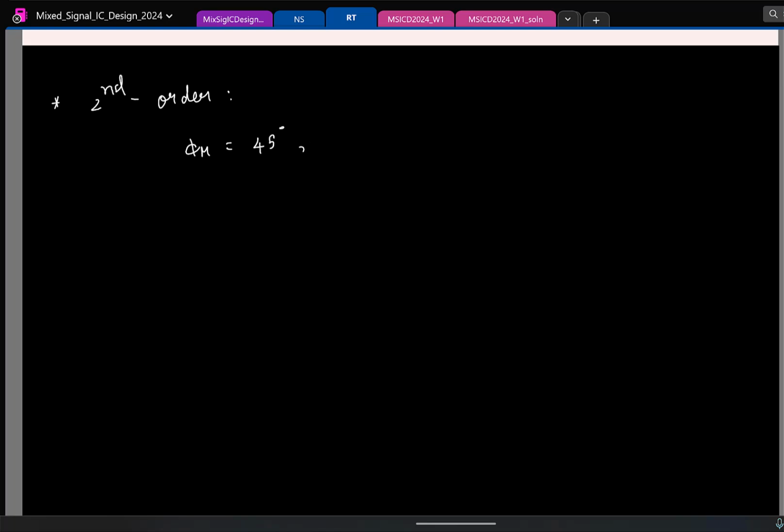For this case, calculate omega u loop exactly in terms of beta a naught and p1. Then you will understand what I am talking about. So take this as a problem to work out. We will discuss it in the next class so that you get used to this. Cool. So I'll stop here.